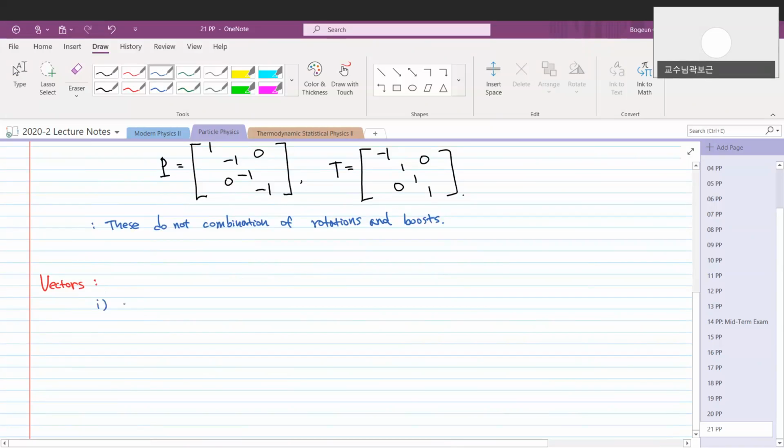One is time-like. Their inner product, for time-like vectors, is always larger than zero. For example, 1, 0, 0, 0.